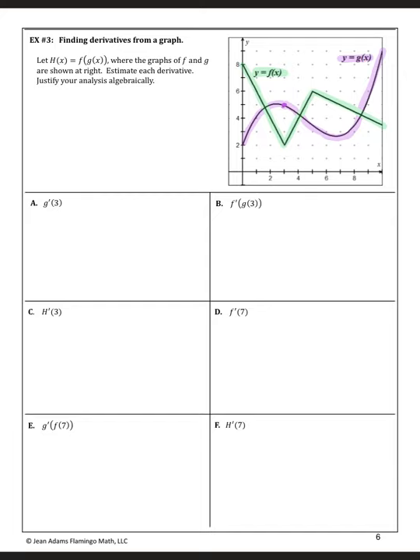on your graph of g, which is the purple one, if we were to estimate that derivative, so that tangent line, I don't have a ruler on this thing, but I would estimate that the slope of that tangent line is negative 1/2. Okay, and so justify your analysis algebraically.